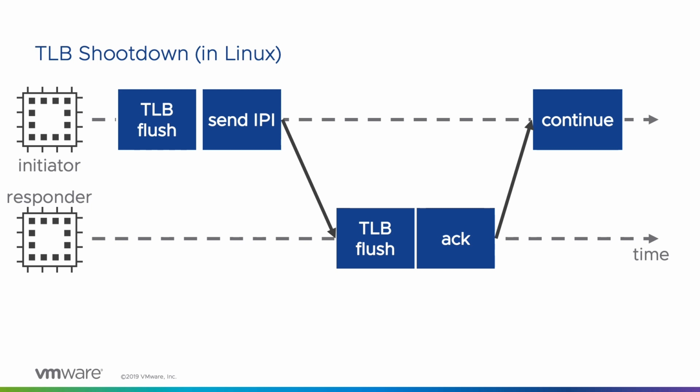Instead, the initiator sends an interprocessor interrupt, marked here as IPI, to the responder cores, the cores that might hold the stale translation, and asks them to invalidate their TLBs. The responders receive the request, flush the TLBs, and acknowledge the initiator that coherency was restored. Only then does the core that initiated the invalidation continue execution.